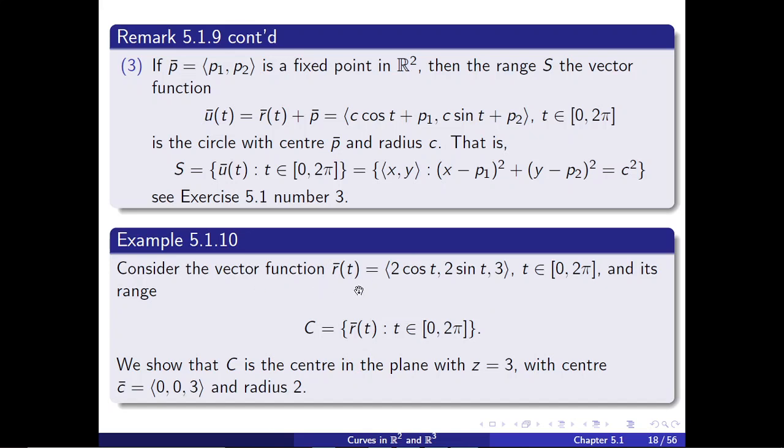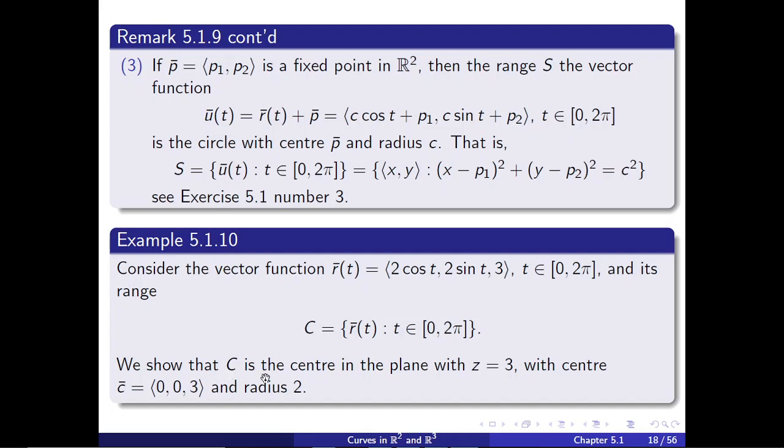Consider the function r of t, a three-dimensional vector function, (2 cos t, 2 sin t, 3), where t is from 0 to 2 pi, and its range C, which is r of t where t is between 0 and 2 pi.